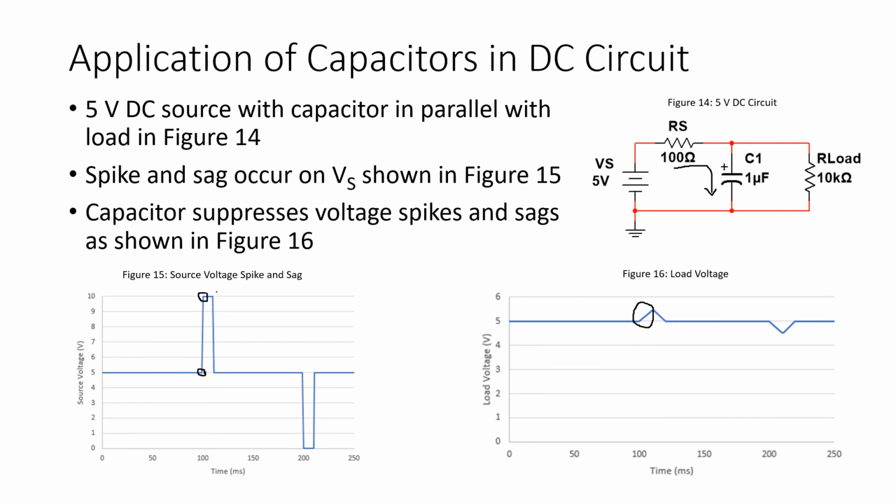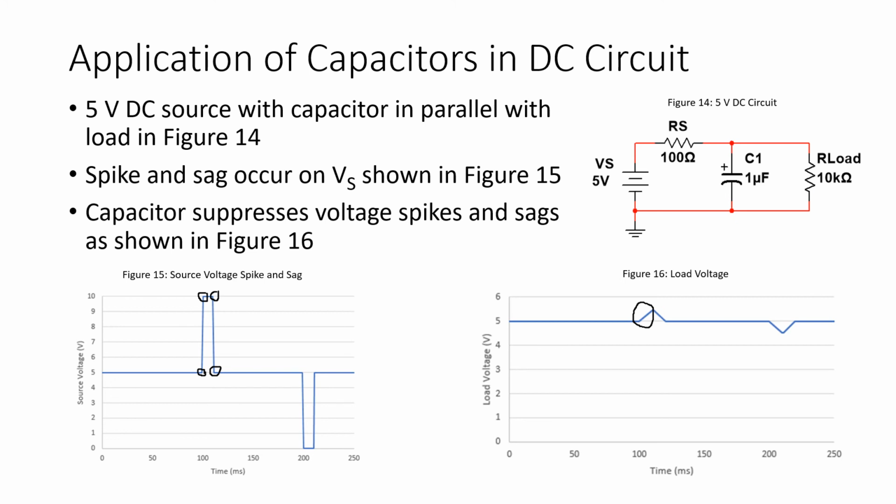Now when the voltage spike drops from 10 volts back to 5 volts, of course the capacitor is going to discharge, and the discharge current actually flows back in the opposite direction. But let's just say that we remember that the capacitor discharges at an exponential rate.